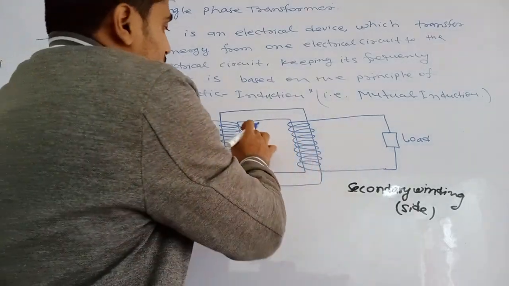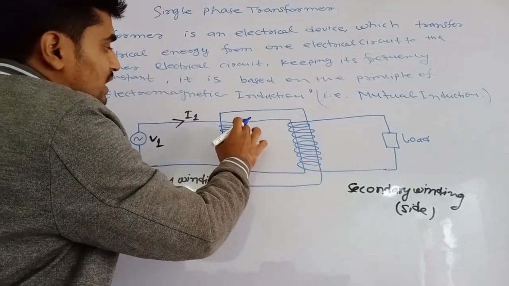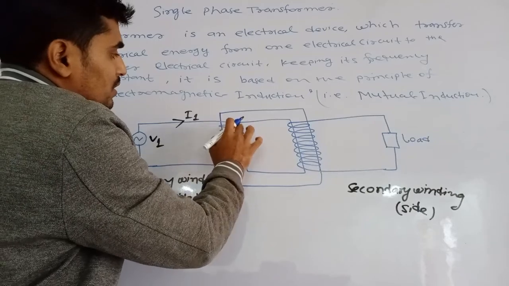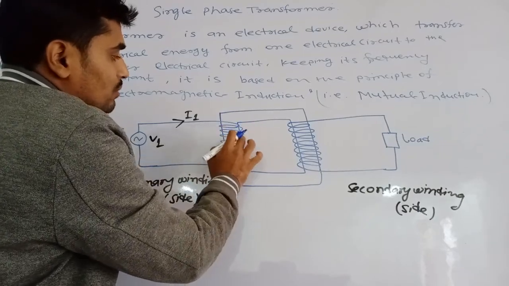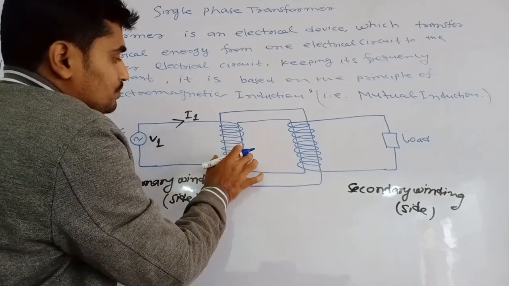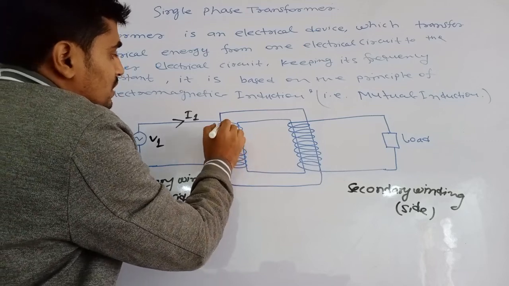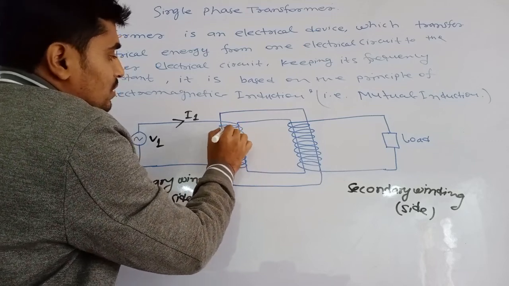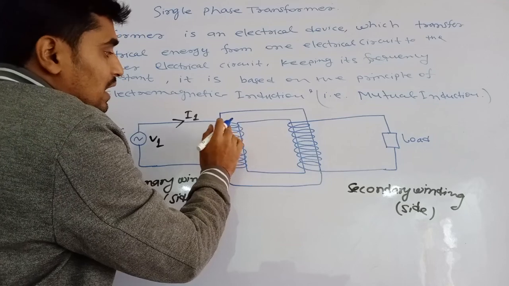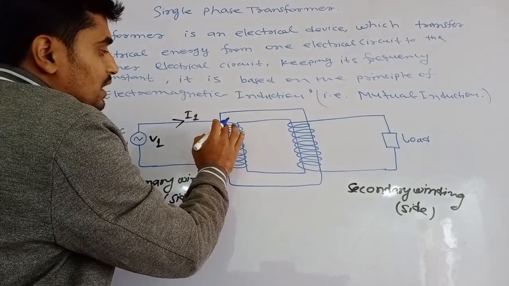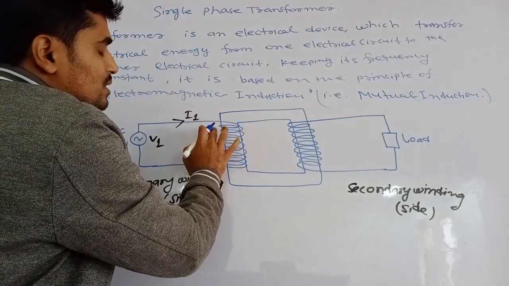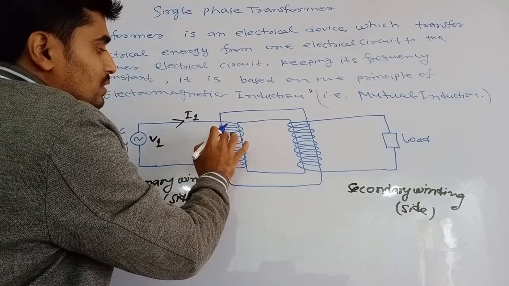If you see properly, there are many turns wound around the core limbs. These turns produce inductance. It is like an inductor which produces EMF.